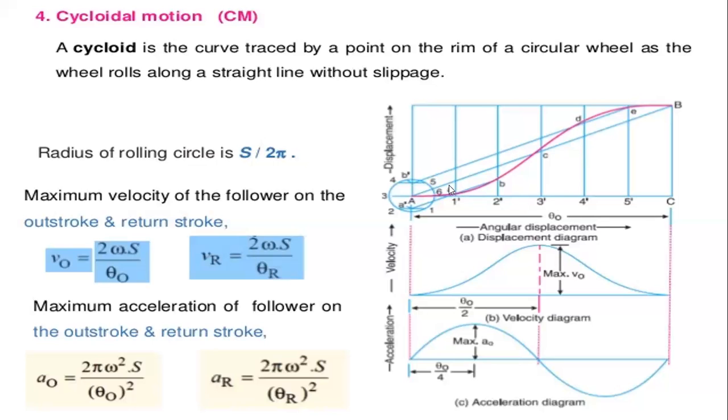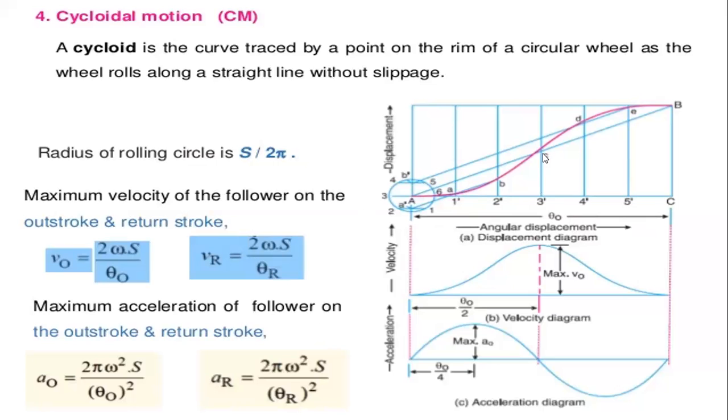Then we join the first point with the first line and the second point with the second point. We draw the third line also parallel to those lines. From the first point we draw the first point, and from the second point the second point, that is the second height.